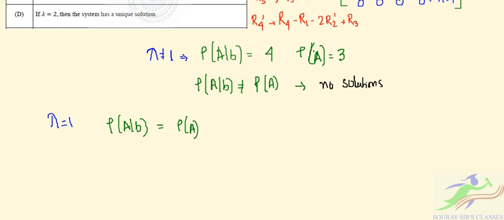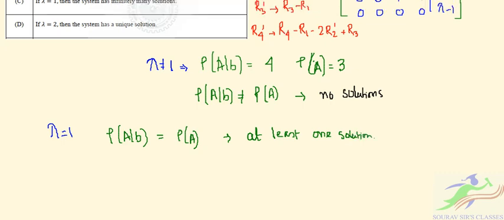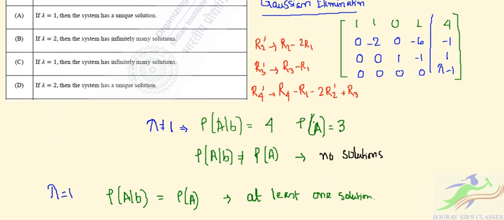When these ranks are equal, the system has at least one solution. Now see that the bottom row has all zeros in this matrix when lambda is equal to 1.